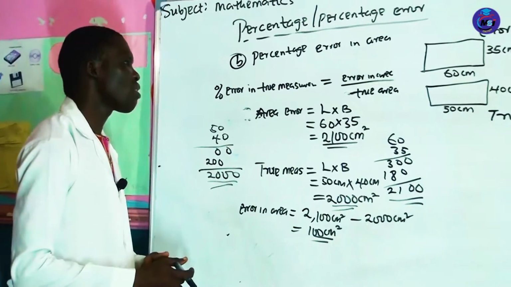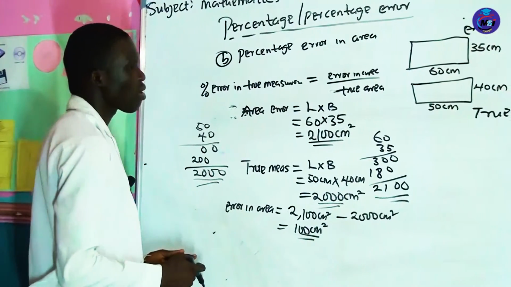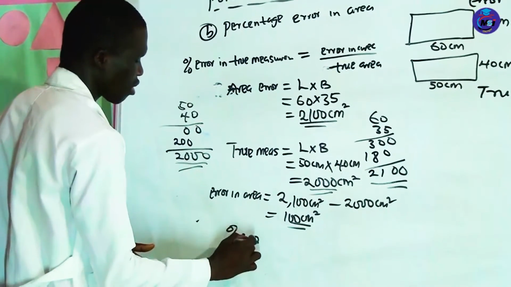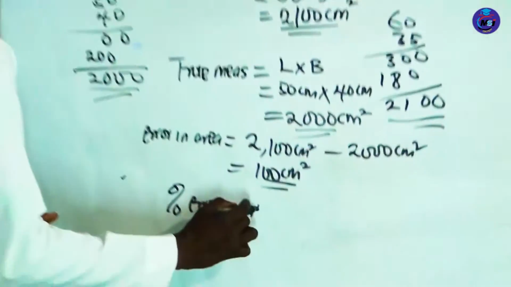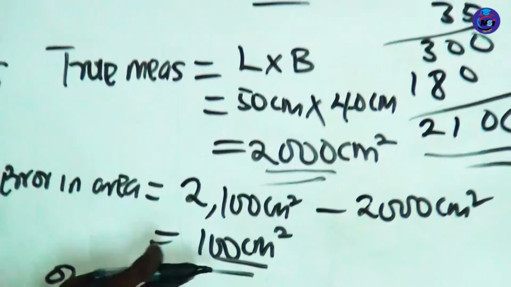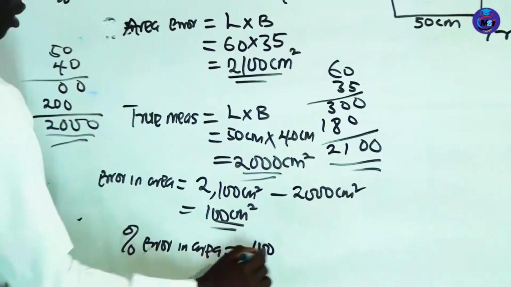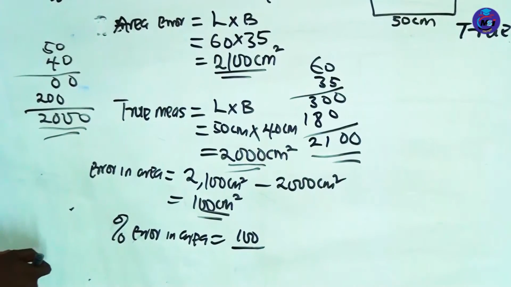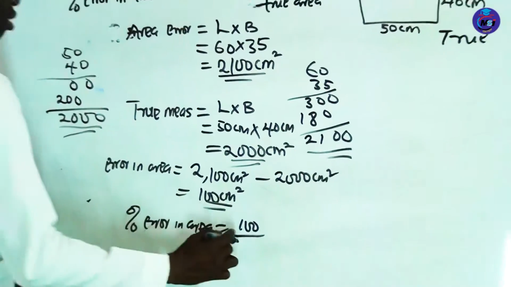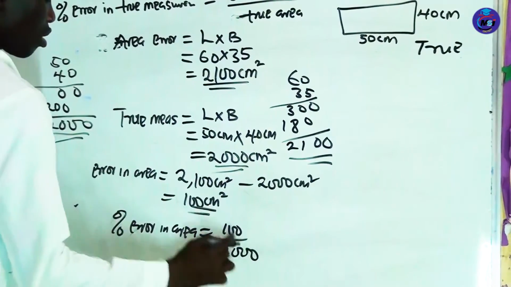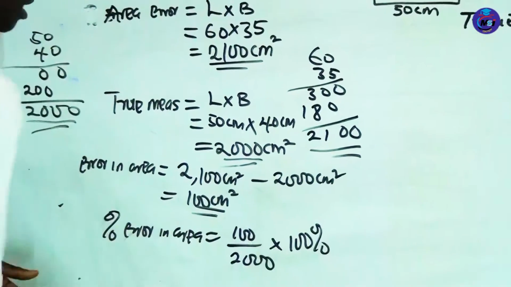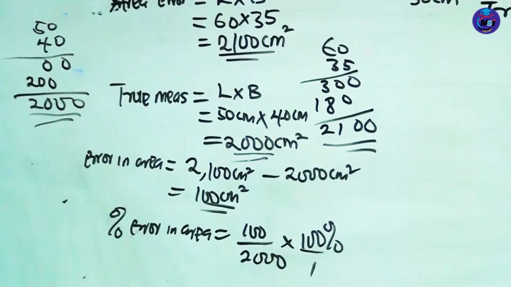The percentage error in area will give us error in area, which is 100 centimeters square, divided by true area. What is true area? True area is 2000. You can see it here. Multiply by 100%.